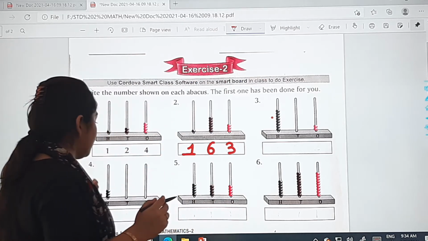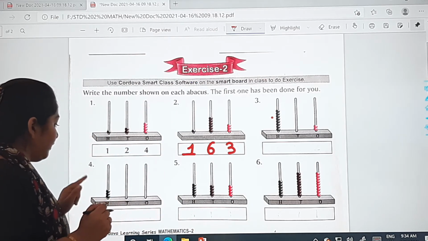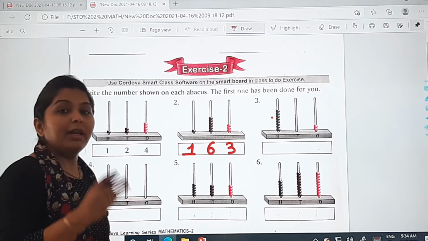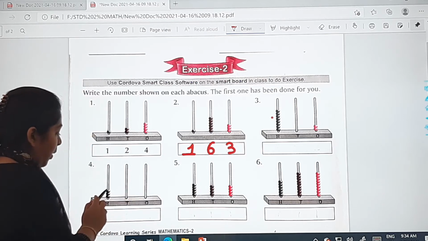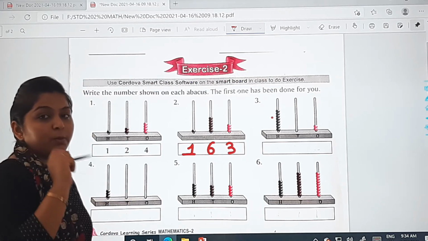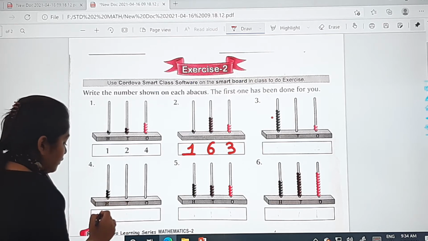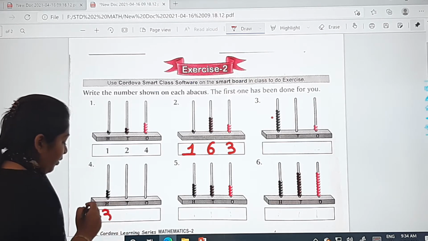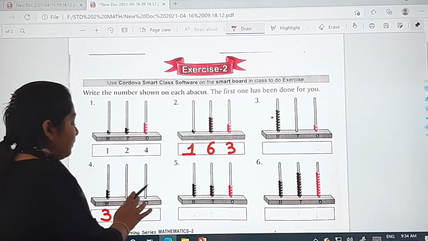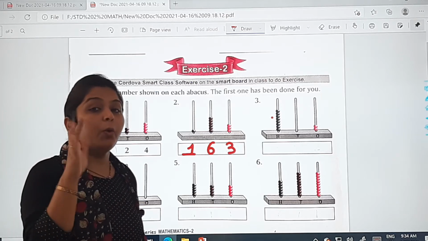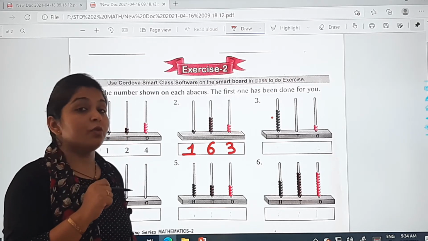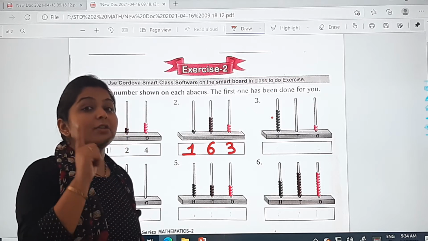Next we will do the fourth one. At the hundreds place only 3 beads are there. Count here 1, 2 and 3. In the textbook also it is given, dear children. So you will write here number 3. At tens place and at ones place no bead is there. So what will we write? Ma'am has taught you.